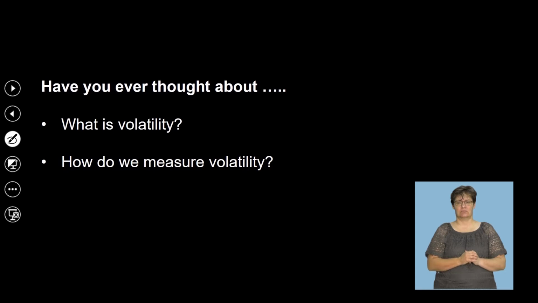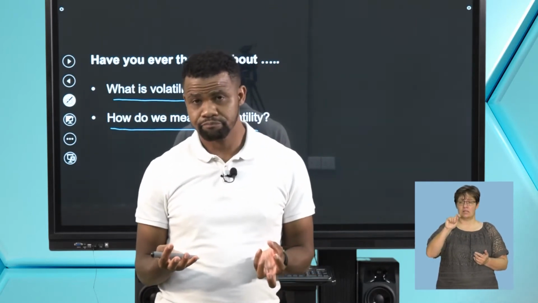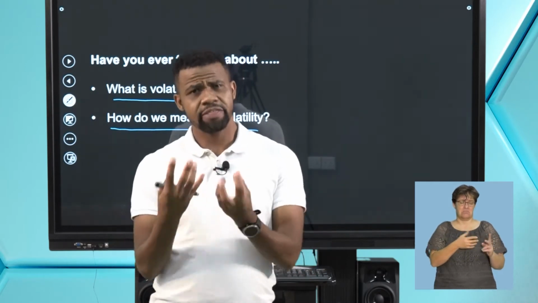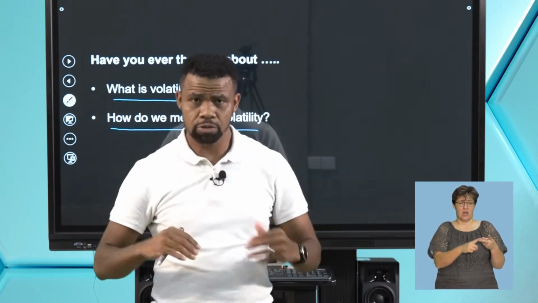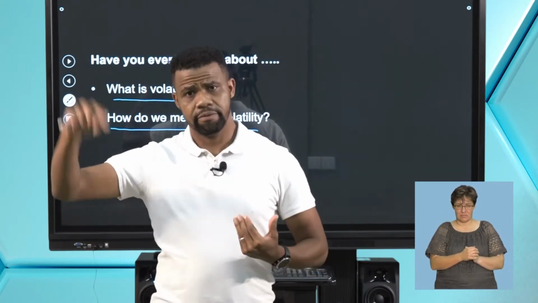Now let's define what is volatility, and how do we really measure volatility? Volatility is actually risk, or you might have heard it, usually in finance or from the stock market, they talk about volatility. It's randomness.